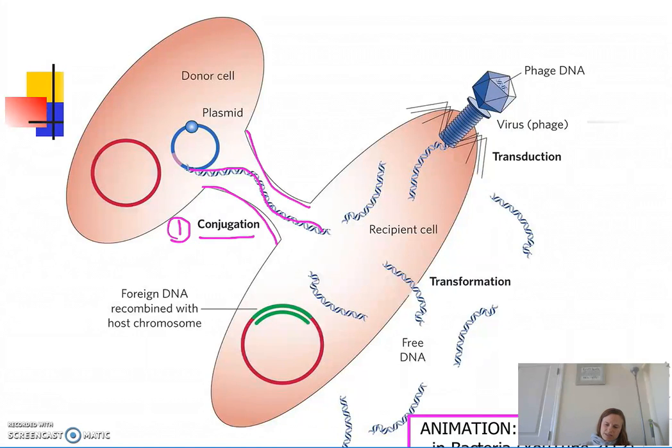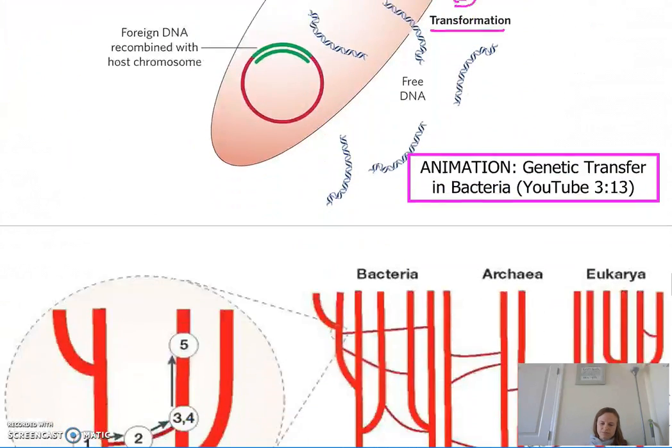The second mechanism of horizontal gene transfer that we discussed was transformation, where the plasmid takes up foreign DNA. And lastly, the new mechanism that we haven't seen before is called transduction, where we've got a phage DNA called the transducing phage that carries with it DNA from the previous host cell.